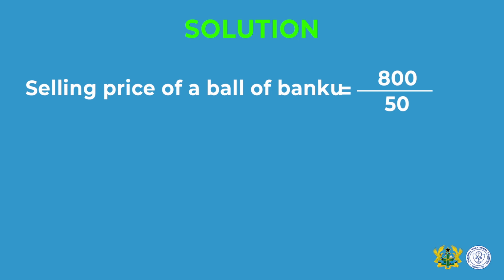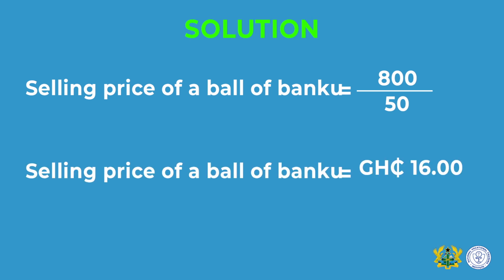From the screen, the selling price of a ball of banku will be 800 divided by 50, and that will yield 16 Ghana cedis. So easy to calculate, isn't it?